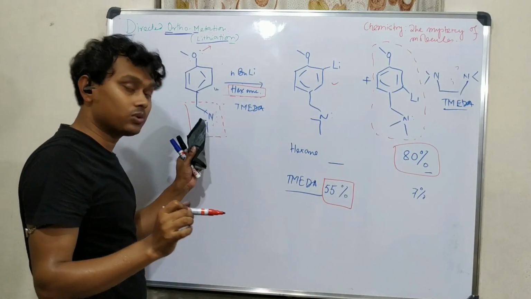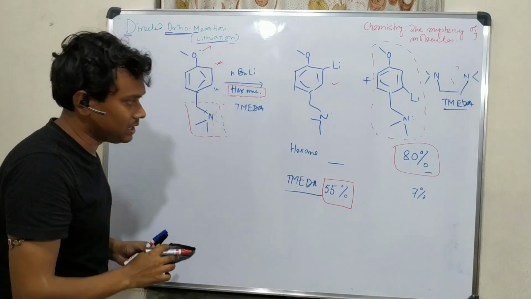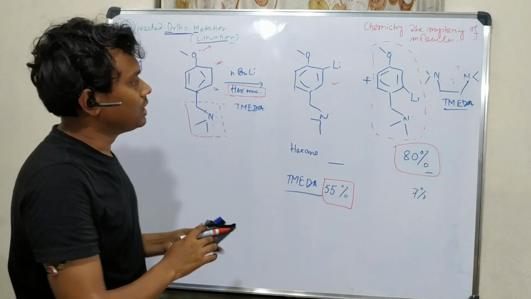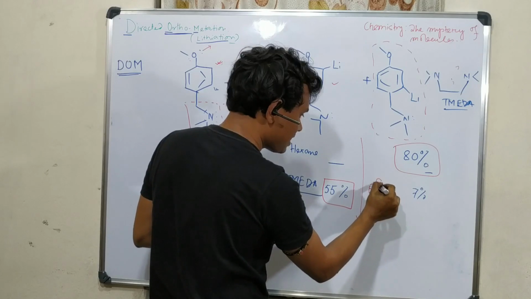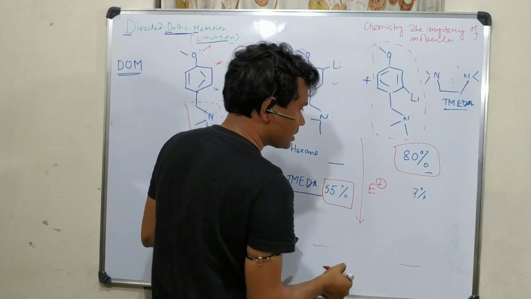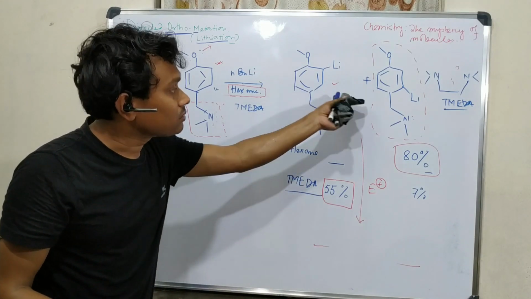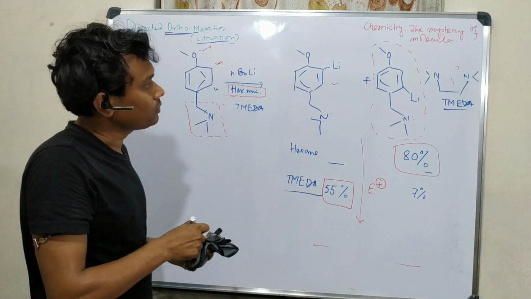Chelation is stronger than single donation. So this lithiation happens here. And how are these conversions judged? These two are reacted with the electrophile E plus, and the ultimate product forms. Based on the product, it is judged how much ortho-lithiation happened on both sides.